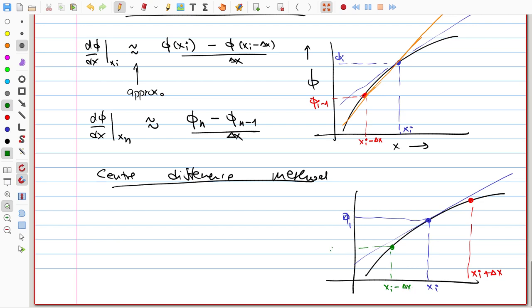So the corresponding phi would be phi I minus 1, and for the right point the phi would be phi I plus 1. Now what I do is I join the green and the red dots. Can you see that the orange slope is much closer in value to the blue one? I mean, in this situation they almost look parallel, so the slope is the same. So we are able to approximate the derivative better, intuitively speaking.